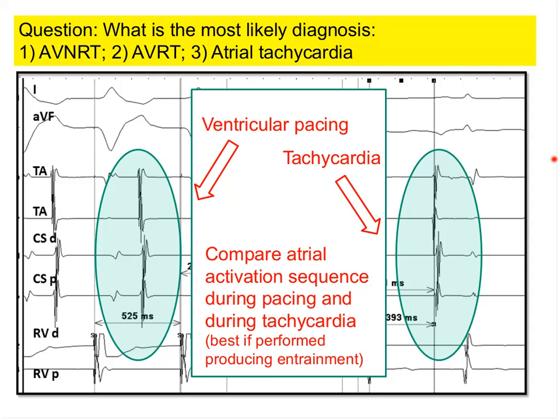So 50% of you sent the correct answer. That is an atrial tachycardia. As it was presented to you before, if you compare with the tracing I showed you, you can see that now when we pace the ventricle, just by looking at these two recordings from the tricuspid annulus and the coronary sinus, we can tell that it is different here pacing at the right ventricle as compared to the sequence during tachycardia.